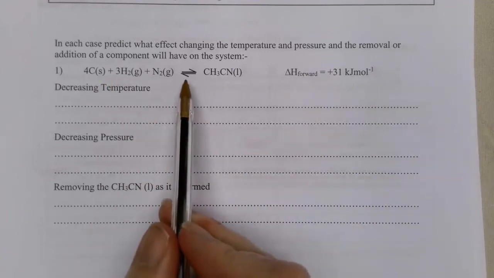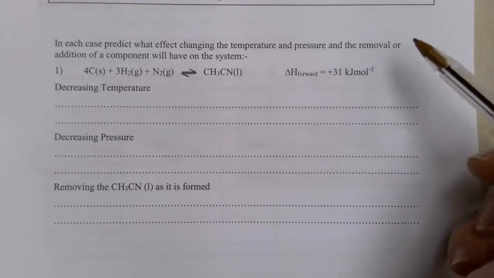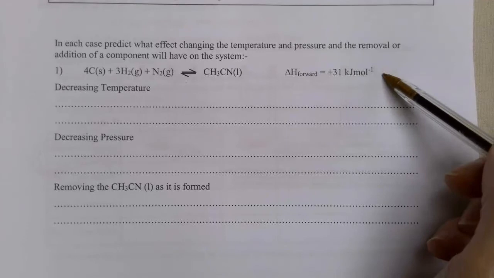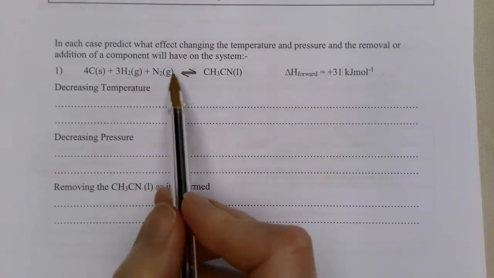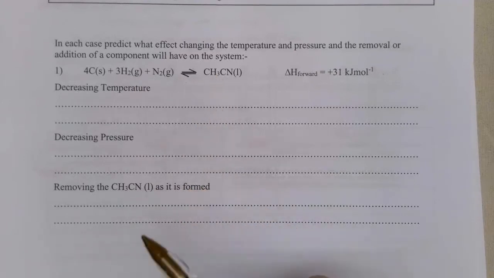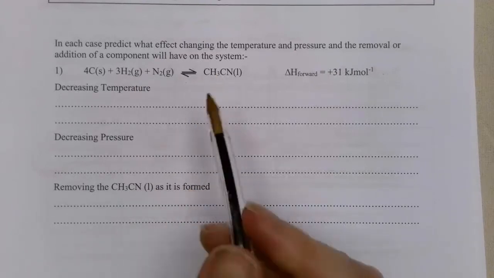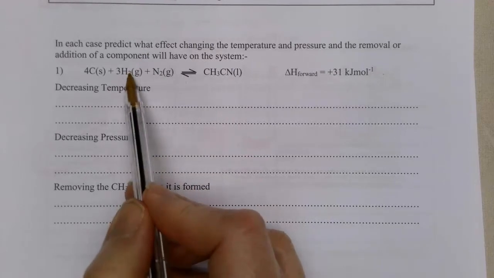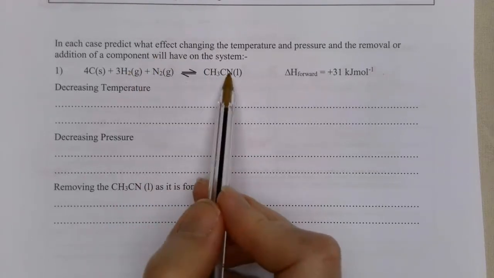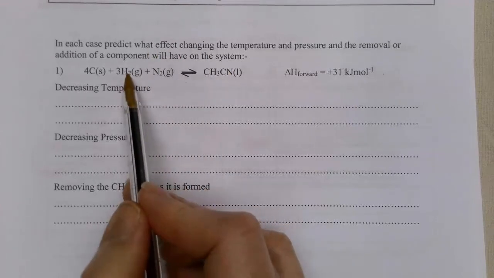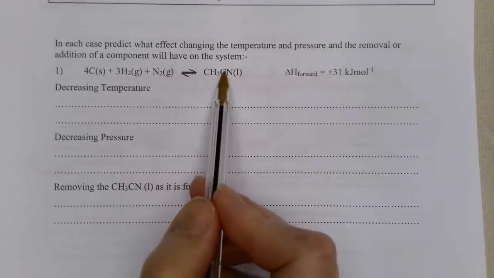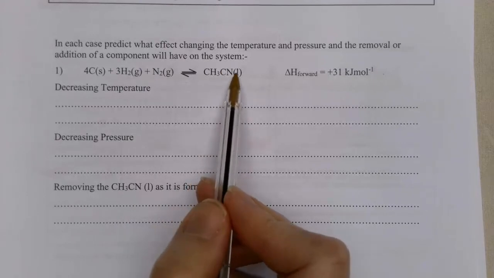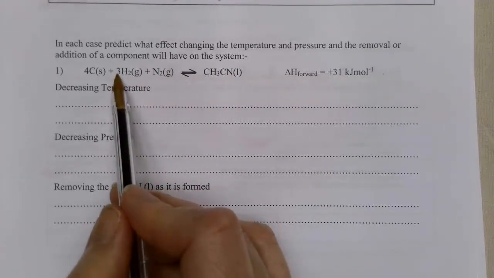So here I have this reaction, it's reversible, and the delta H value is telling me it is endothermic in the forwards direction. So as it goes forwards, the reaction gets cooler. That must mean that as it goes backwards, it would get hotter, because if it's endothermic in the forwards direction, it must be exothermic in the reverse direction. So if it's plus 31 going that way, it will be minus 31 going that way.